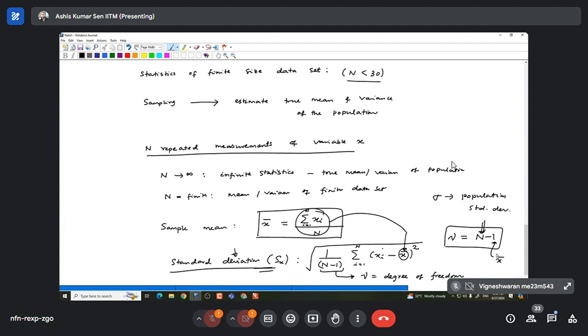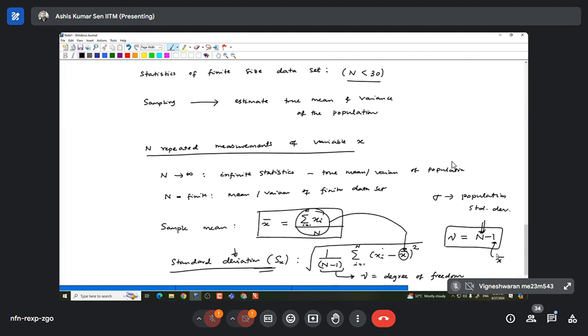That is why for a finite data set, you have to use n minus 1 as the degree of freedom. You should remember this degree of freedom, because we'll use this in the table for finite data set.